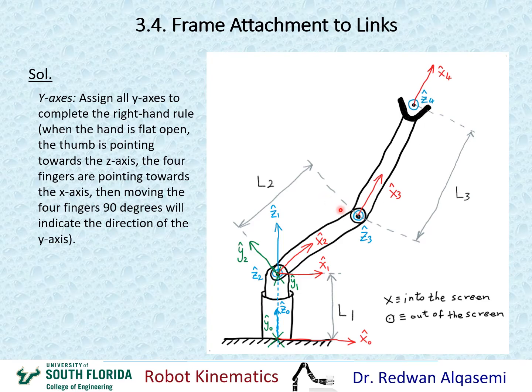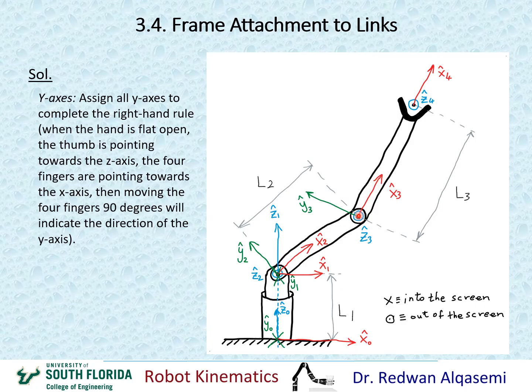Now I want you to pay attention here. The y-axis is not along this line, and the reason for this is because this line is perpendicular to this axis, which is not what we need. What we need is 90 degrees from this axis right here.